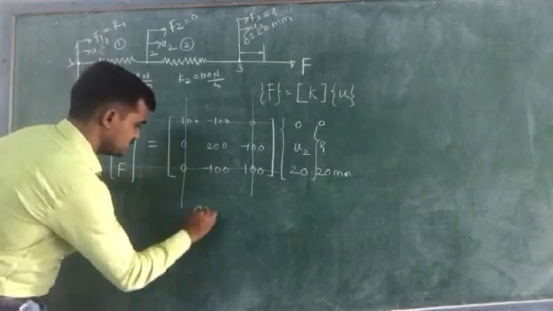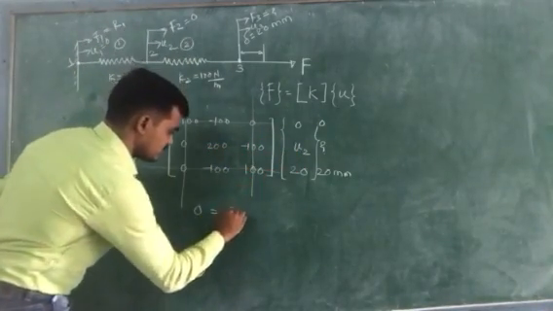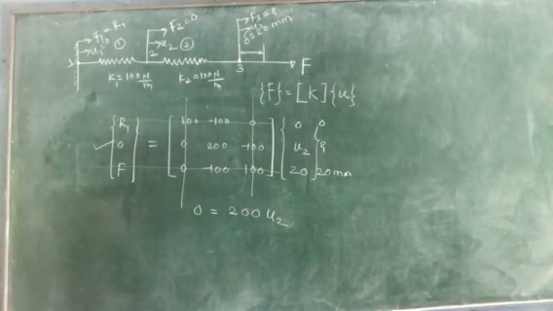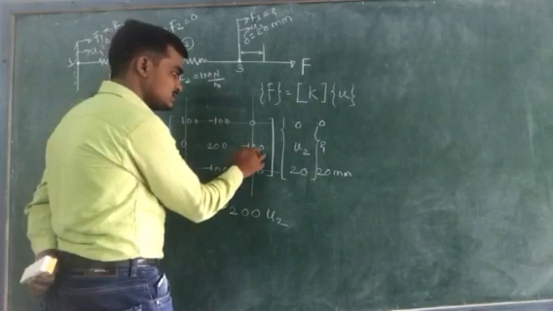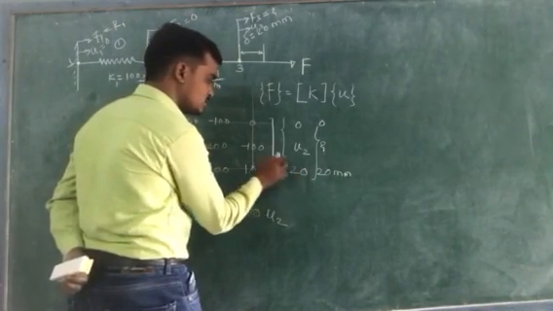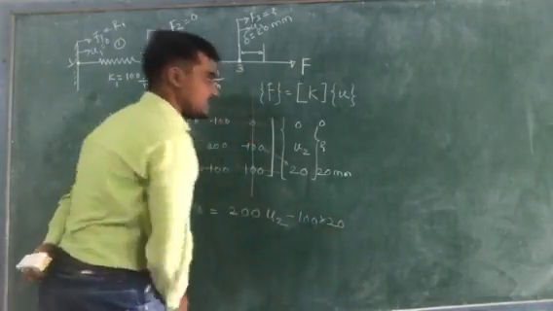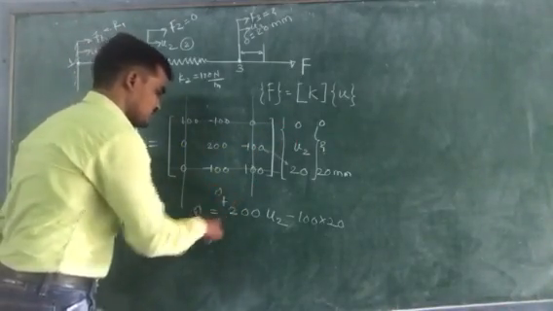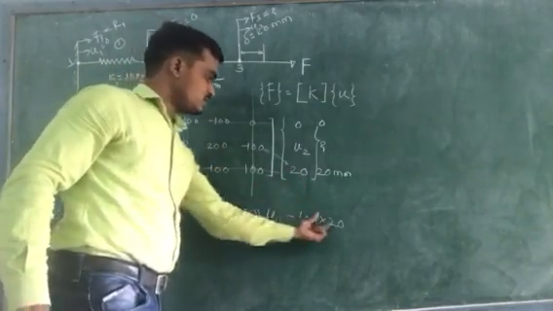This will become 0 is equal to, this is eliminated, so this is 0, plus 200 times U2, minus 100 into 20. Because the value of U3 is known. In the previous case this value was 0, so we neglected this term. But here the value of U3 is given, equal to 20, so it will become minus 100 into 20.